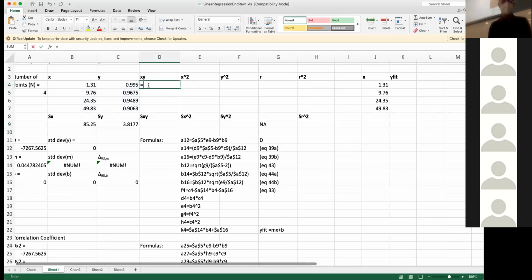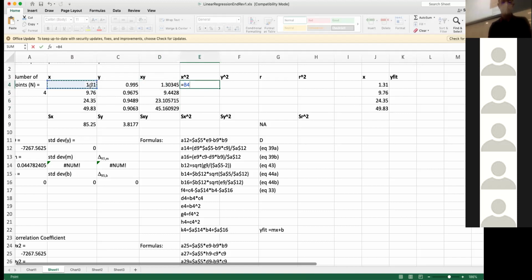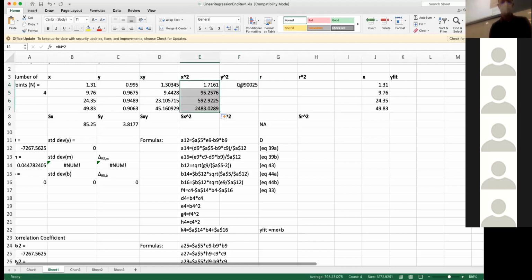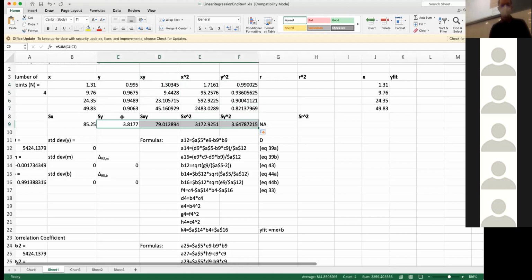X times y, you can calculate by just taking the x value times its respective y value, and we can drag the formula down to calculate that for each xy pair. X squared is just this column squared. Y squared is this column squared. And then I can copy these formulas to get the sum of each of these columns. And then we have these quantities that we need.